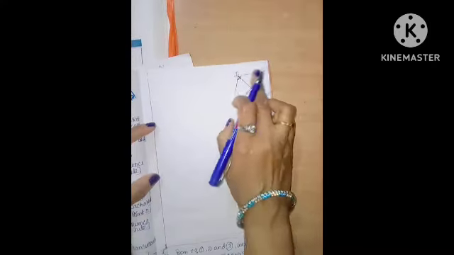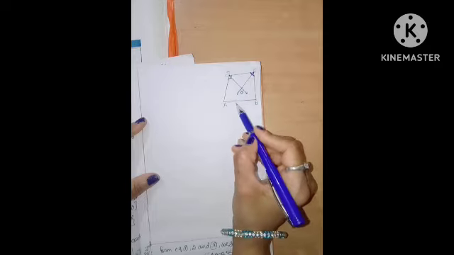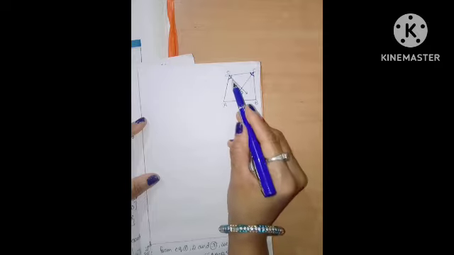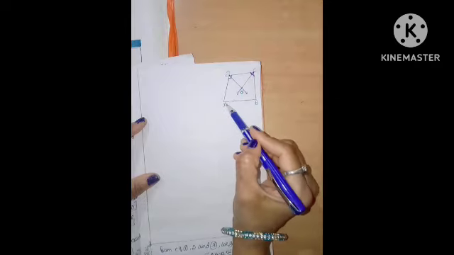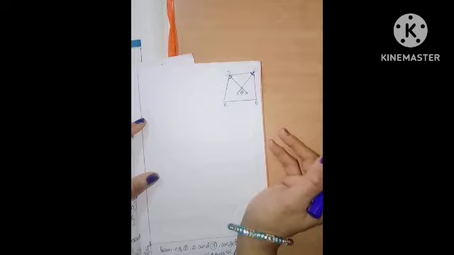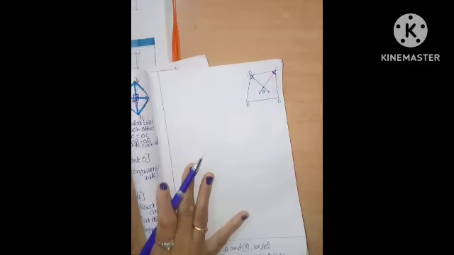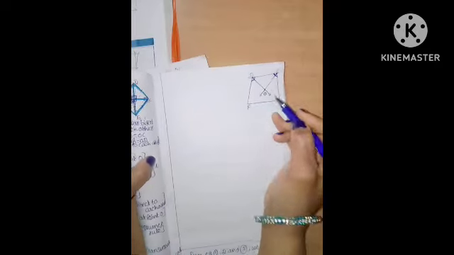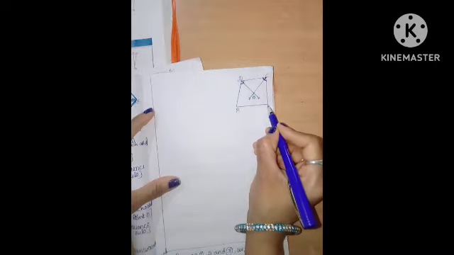In this figure, how many figures are there? One is the quadrilateral, another one is the triangle. What is the triangle? COD, one triangle. What is the other figure? ABCD is a quadrilateral. Let us prove this: angle COD is equal to half of angle A plus angle B. How to prove this?